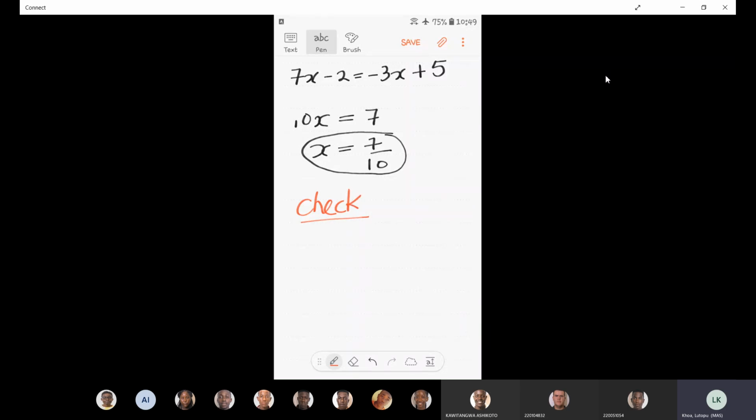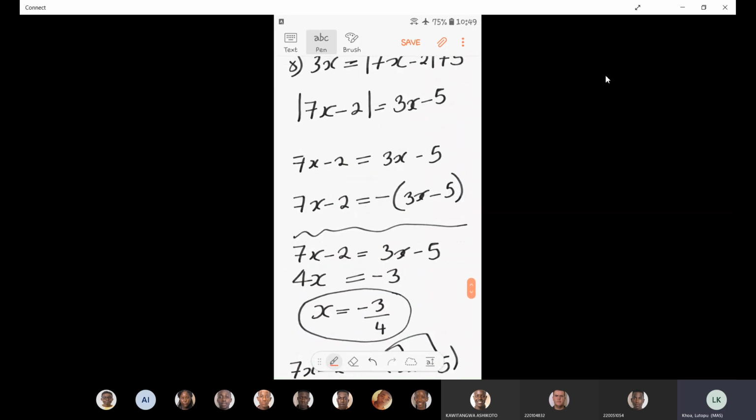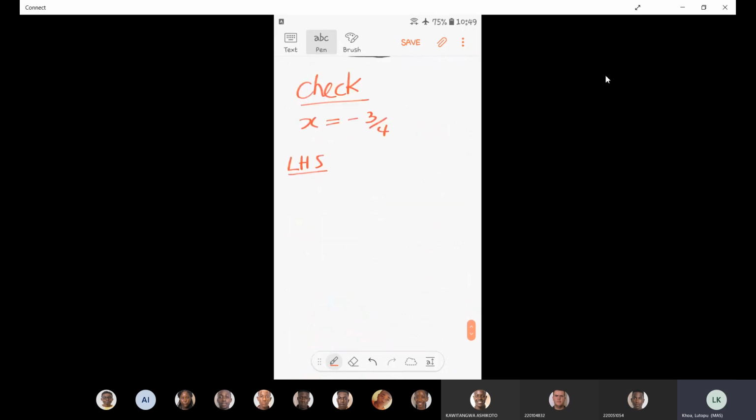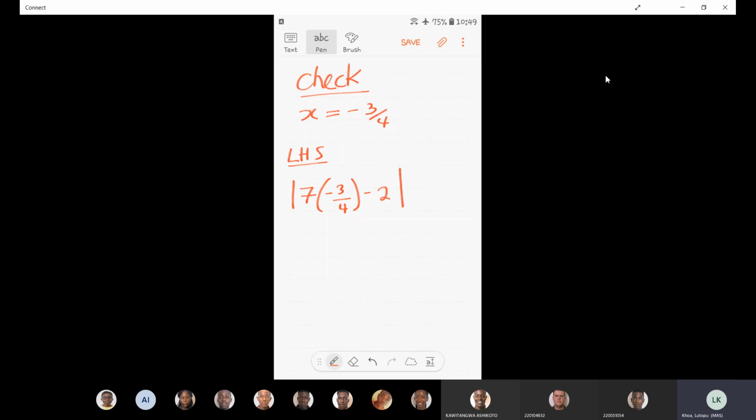Okay, so I will start with x is equal to -3 over 4. So I start on the left-hand side. Now on the left-hand side, I had absolute value of 7x minus 2. So absolute value of 7 multiplied by x, minus 3 over 4, and minus 2. Okay, so this one, you will type it in on your calculator.